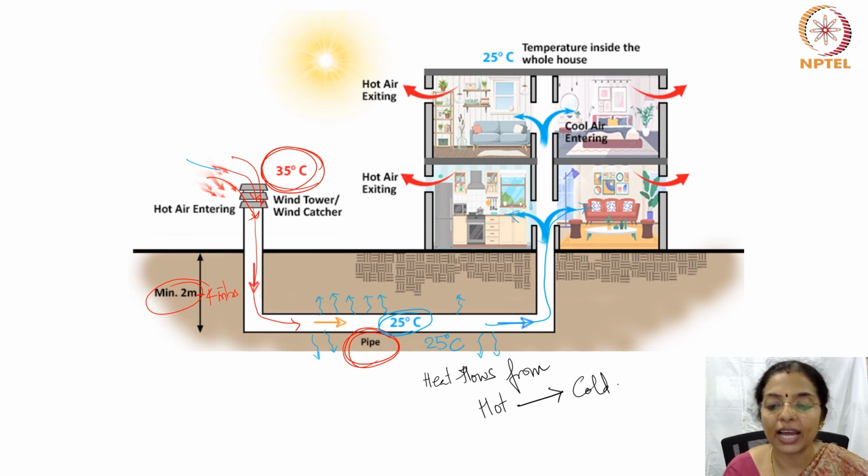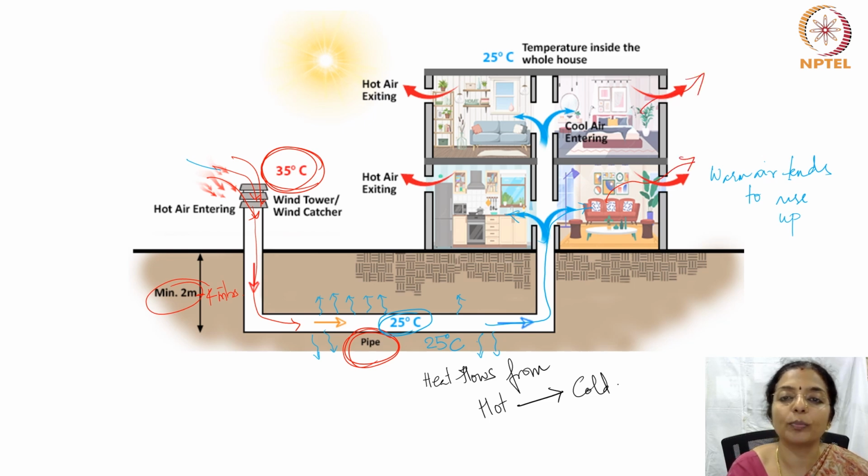When the cool air enters the room, the hot air escapes, because warm air tends to rise up and cool air always settles down. Therefore, warm air which rises up escapes through vents which are designed to be placed at the top level of the room.